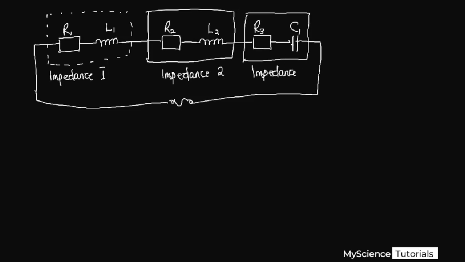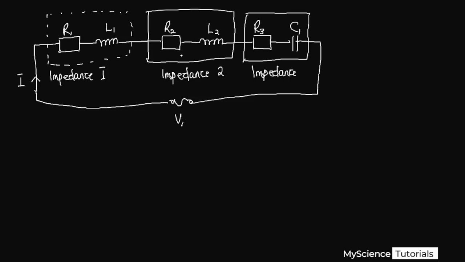Now, if we are to find the overall impedance of this circuit, which is the total opposition to the flow of the current flowing through it, we realize that we need to rewrite the circuit first.